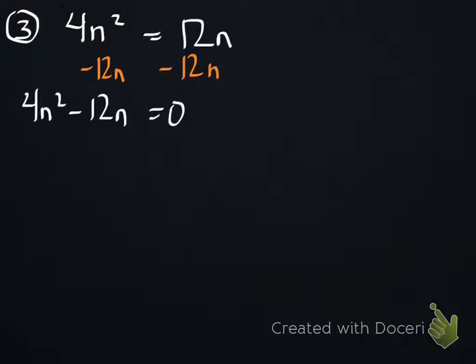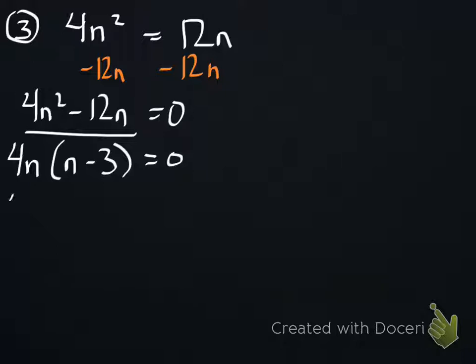When you don't have a c, look to see what can factor out of the two items. So what do they share? An n and a 4, I've heard. So when we factor that out, that leaves us 4n times n minus 3 is equal to 0. So 4n equals 0, or n minus 3 equals 0.